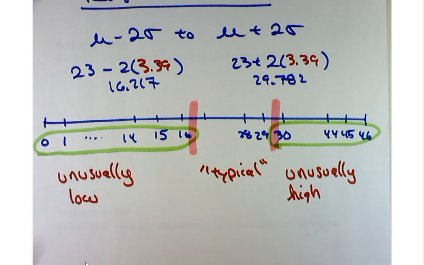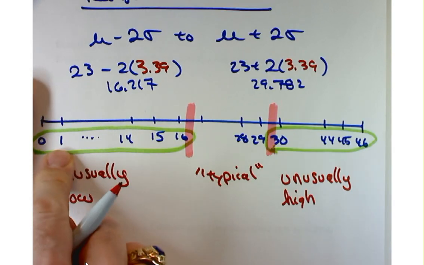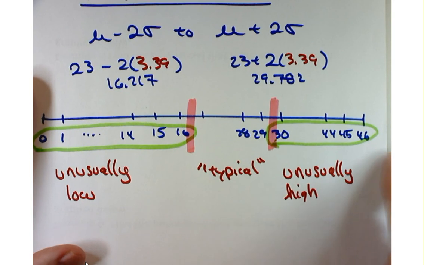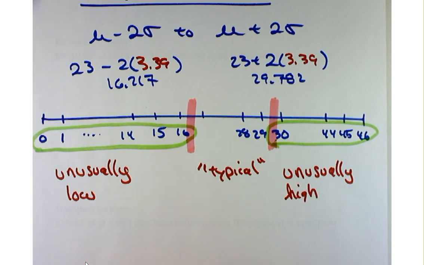So if we were answering on the test, will we write 16.217, comma, 29.782? I guess it depends on what I'm asking, but if I was asking for what are the unusually low values, you'd say 16 or less. Yeah. And for the unusually high, 30 or more. And of course, there's a variety of ways you could do that, but whichever one works for you.